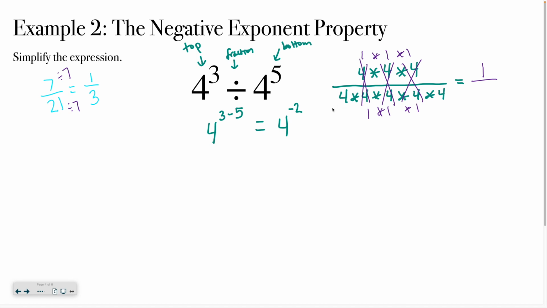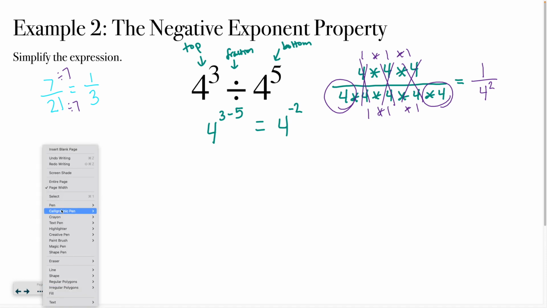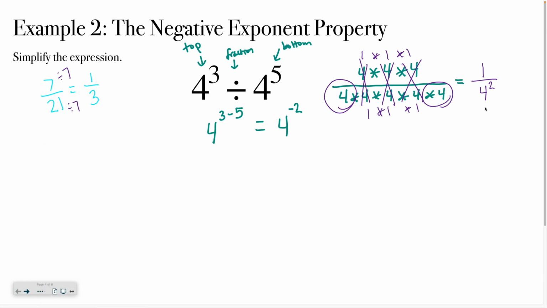And then you can see I'm still left with a 4 here and a 4 here. So you can see I have 2 4s on the bottom. And now that I have those written on the bottom like that, I see that my 2 is now positive, and that's an answer that I like because in order to be fully simplified, I need positive exponents.